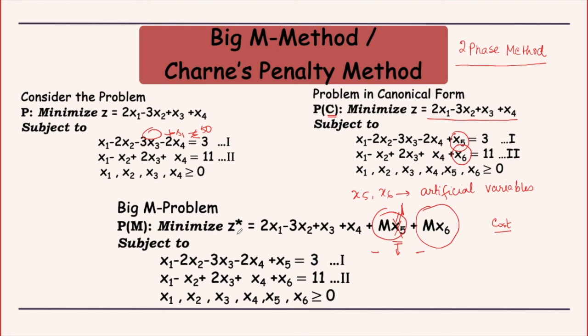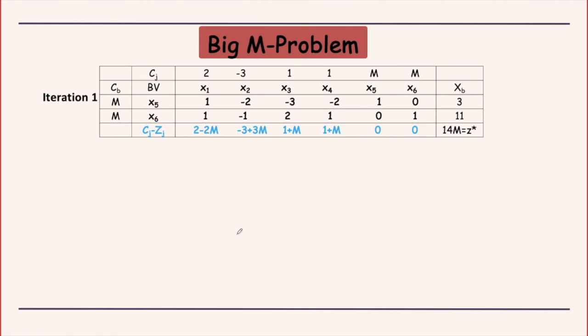Now I'll just show you the tables. So here is the first table. This is from the constraints only. You have these coefficients, these are coefficients of the variables in the new objective function which you have constructed. This is the right hand side, and x5 and x6 are your basic variables.